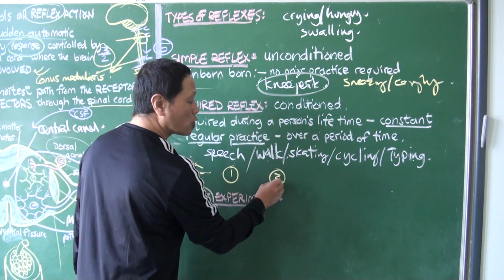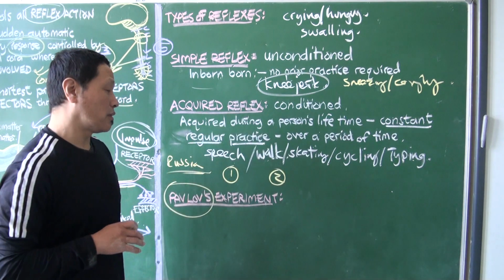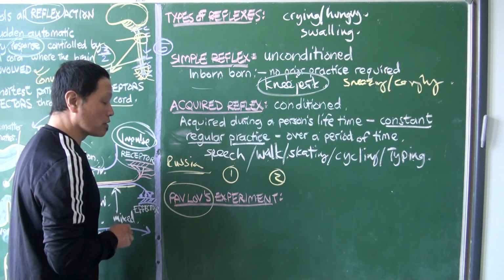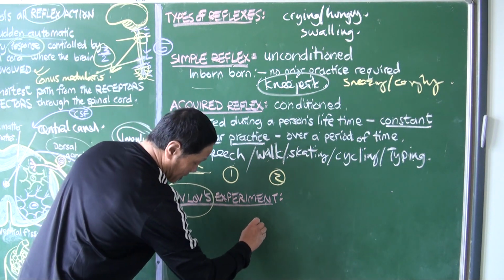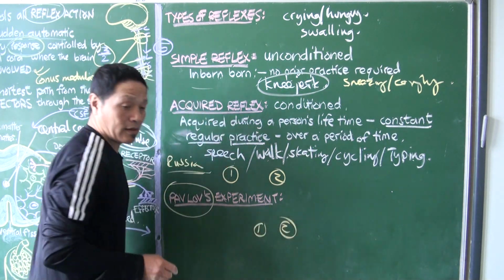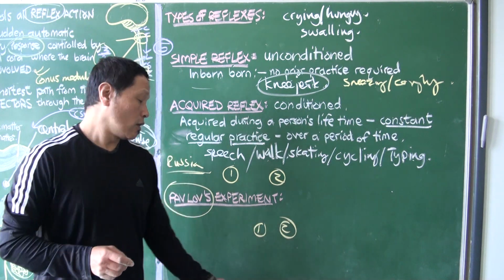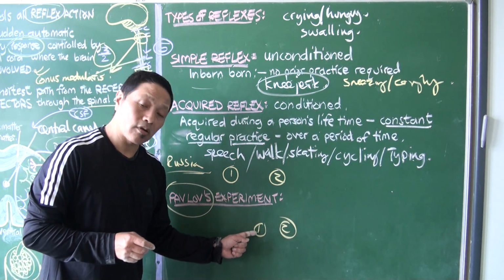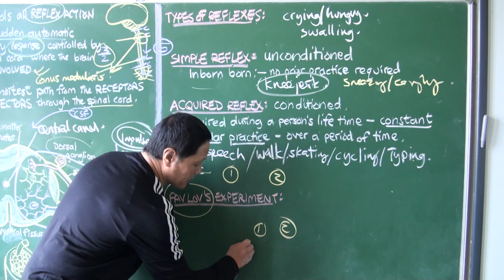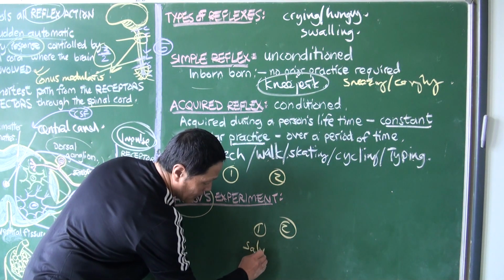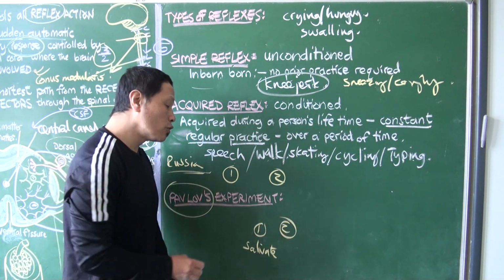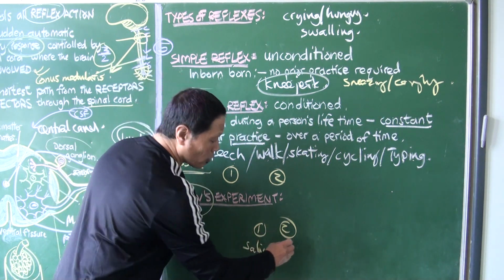And dog 2 was just given the food without the sound of the bell. Later on, after a couple of months, he brought these 2 dogs and he rang the bell. When the sound of the bell was heard by dog number 1, he began to salivate. But for dog 2, it had no effect at all.